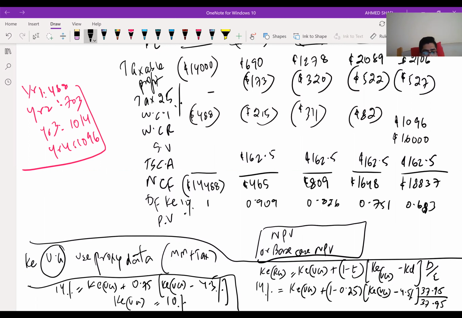You will get present values. 14488; 465 into 0.909, 423; 809 into 0.826, 668; 1648 into 0.751, 1237; and so on.